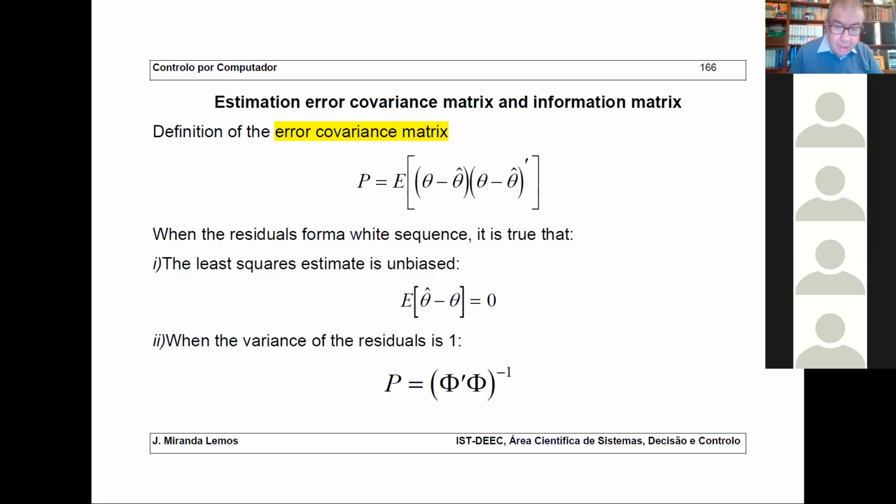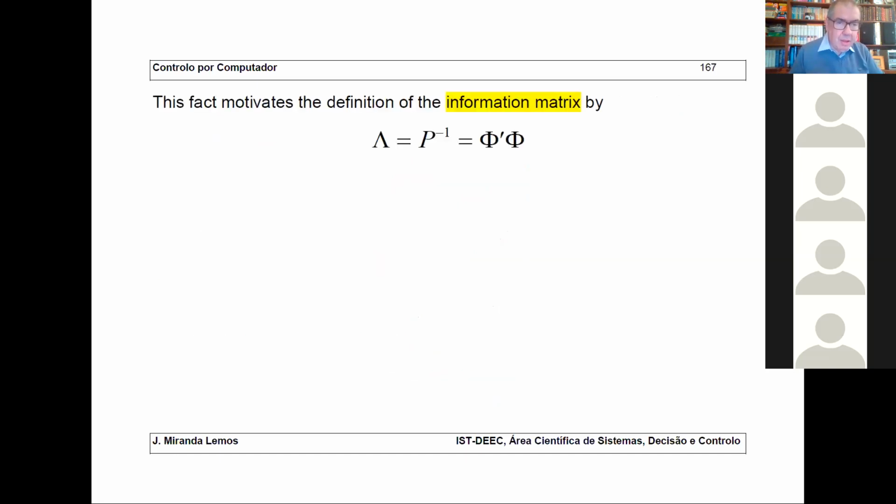Now, the error covariance matrix is the inverse of phi transpose phi. So I define a matrix called lambda, which is the inverse of the error covariance matrix, and I call it the information matrix. If I have a large P, the inverse will be small.